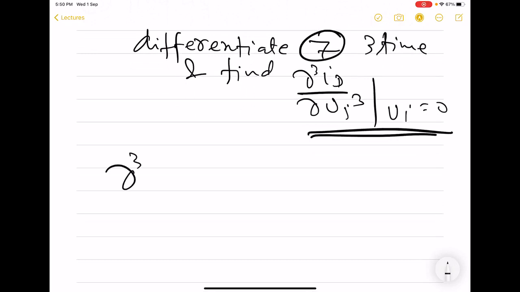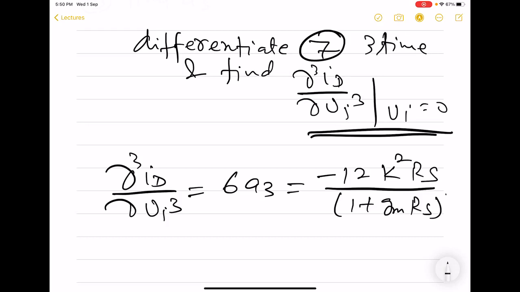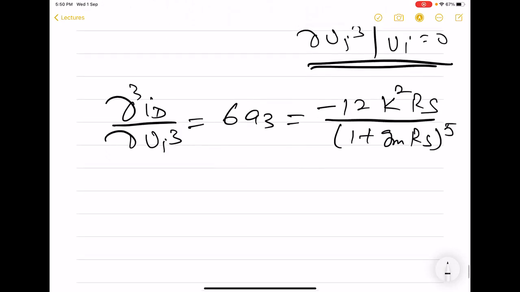When we solve for this quantity, it will turn out to be 6 times A3. Here you can see that if we make Rs equal to 0, A3 becomes 0.